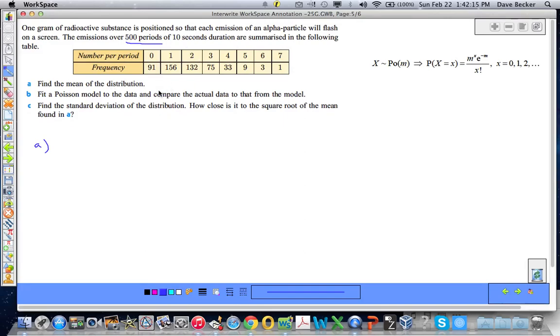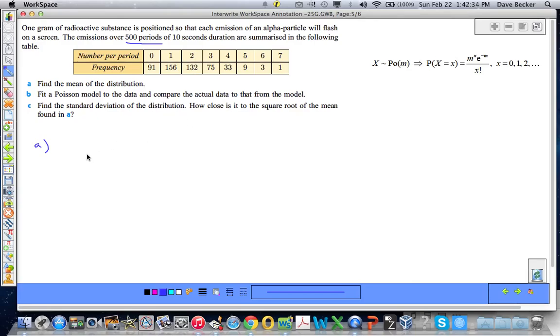So number of flashes per 10 seconds: 0 happened 90 times, 1 per period happened 91 times, 2 per period happened 132 times, and so on.